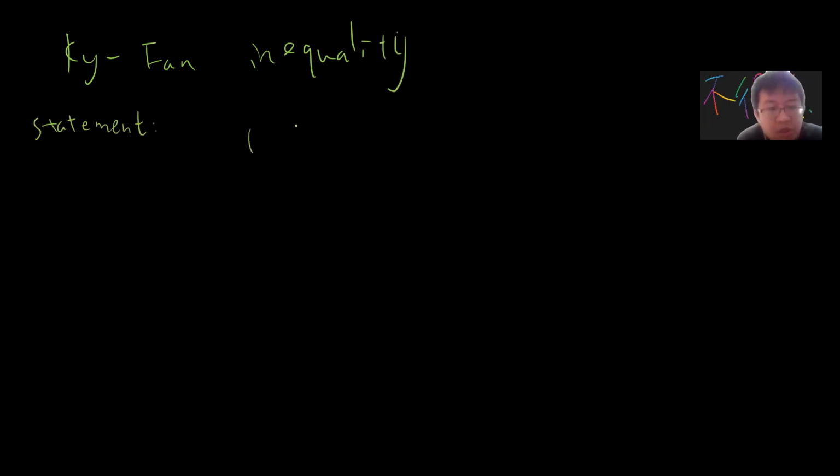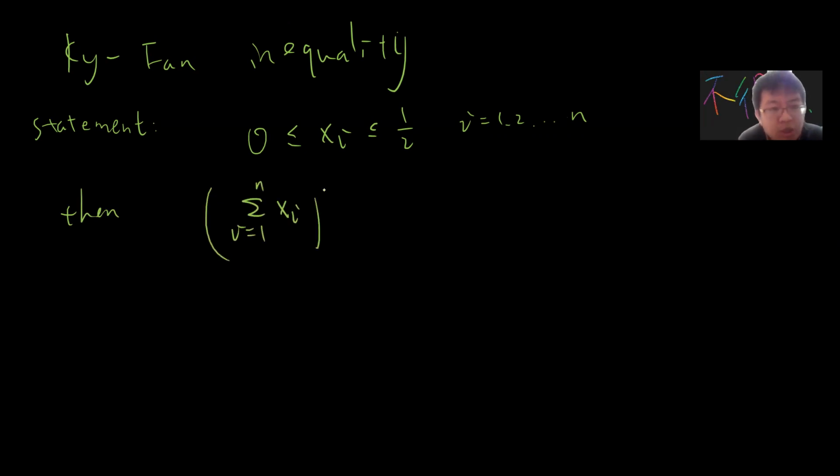So the statement is: let's say you have numbers x_i, i from 1 to n, in the interval 0 to 1/2. Then if you take the summation of i from 1 to n and the 1 over n root, and 1 minus x_i, obviously this is just a symmetric process, right?